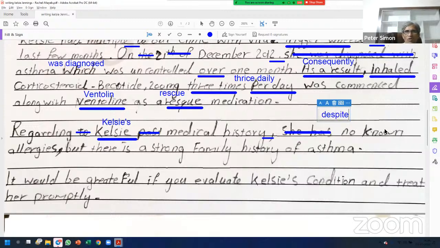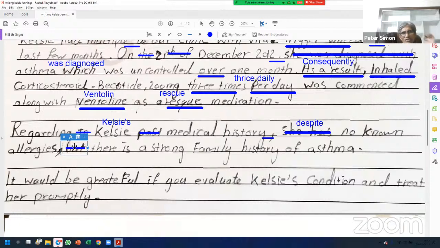Despite no known allergies, comma, finished, but is not necessary now because we used despite. Okay, we don't want to use she, that's why. What happened? Okay. So we don't need but now.